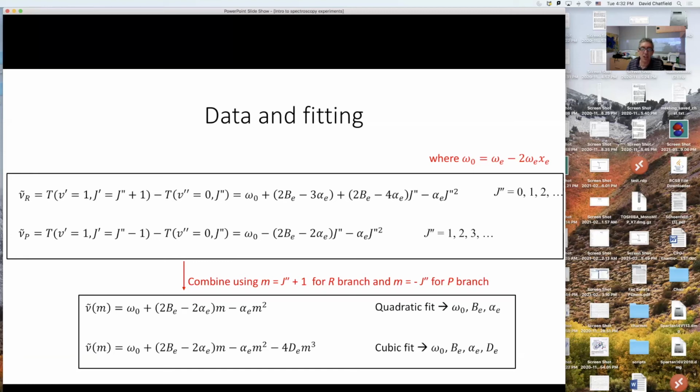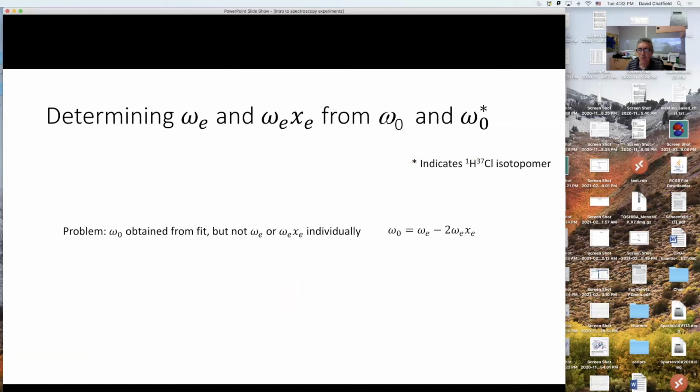If you didn't have such high resolution, there'd be a lot of noise and you shouldn't try to get it, but you can get it. So you will then fit all of the lines in your spectrum using a cubic fit. You can do this in Excel using a polynomial trend line in third order, and you'll be able to obtain all of your constants.